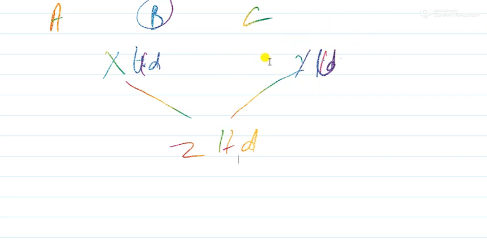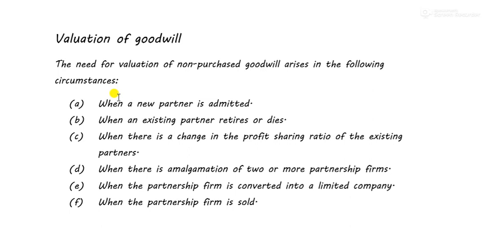But Y Limited has a very huge amount of capital, and X Limited has a decent amount of capital but less than Y. So Y decides, let me amalgamate with X, and our business will grow very hugely, right? So in a way, Y is taking the name of X, right? So X will take the amount of goodwill from Y, and Y shall have to pay the amount of goodwill to X, because X has a brand name which Y does not have, because Y is a new company.